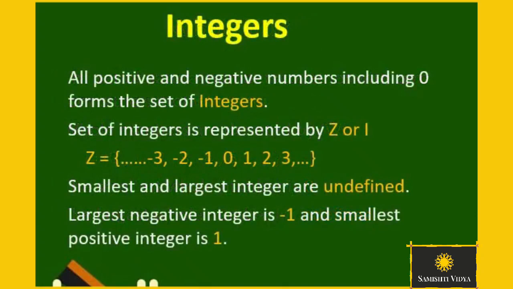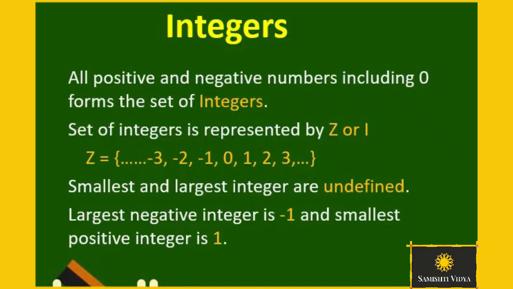After the set of natural numbers and whole numbers, next we have integers. What are integers? Integers are the set of positive and the negative numbers including 0.